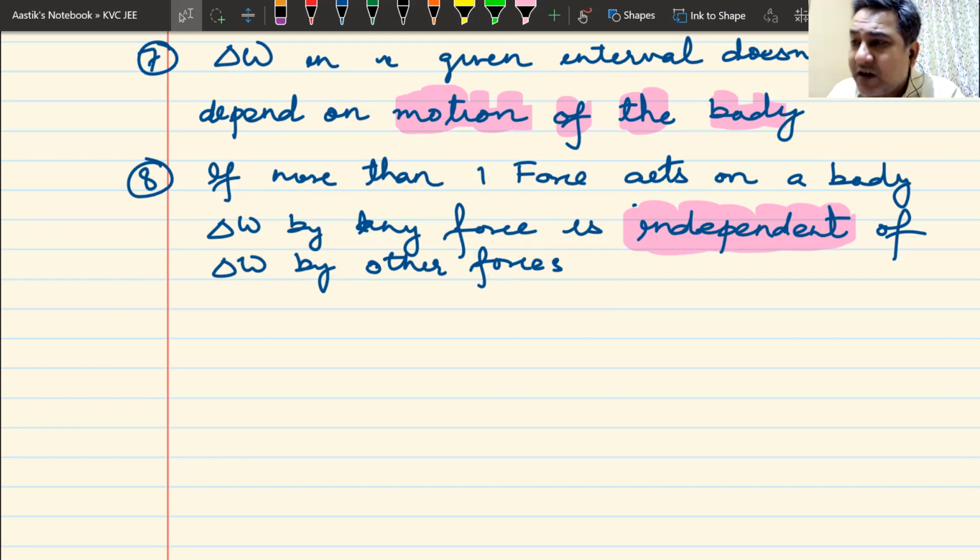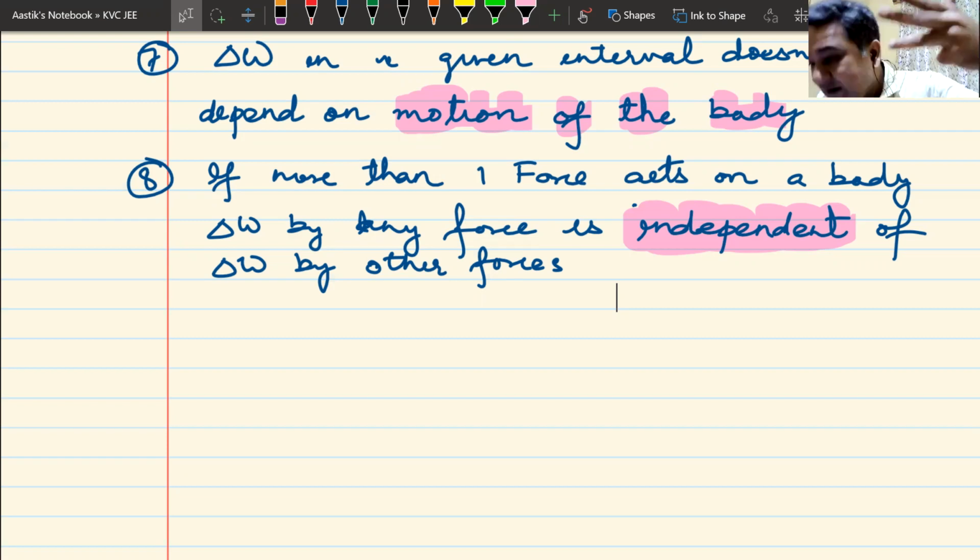So gravity will not find out, okay, I'm gravity, I'm acting on a body, I'll have to find out what other forces are acting, so that I can find out my work done. No, no, no. My work done, if I am gravity, does not depend on friction, does not depend on normal reaction, does not depend on spring force, does not depend on anything else. It only depends on my force. How much is my force? It depends on the displacement, and it depends on the angle between force and displacement.